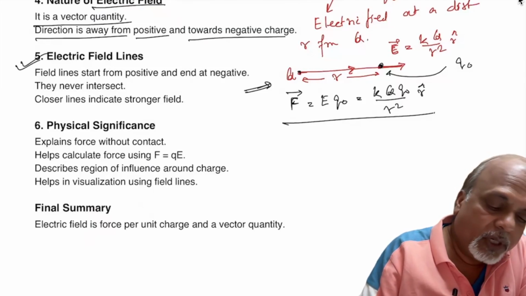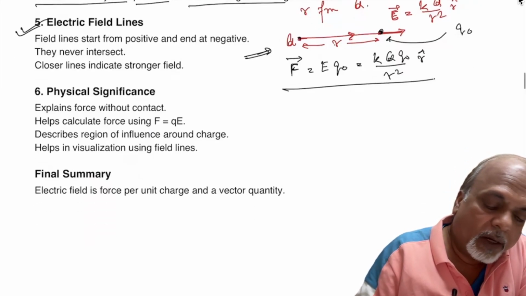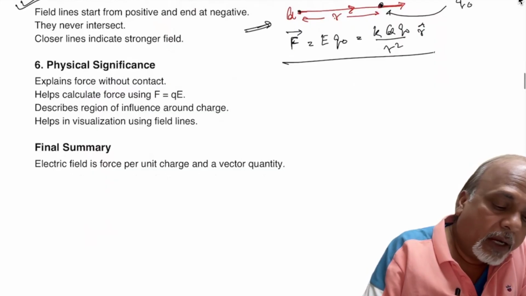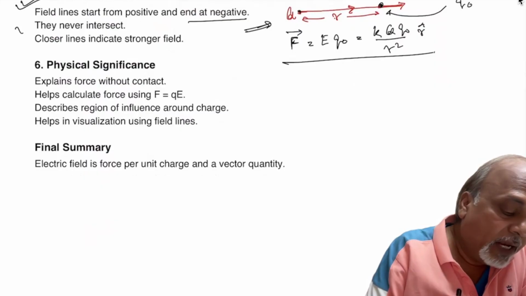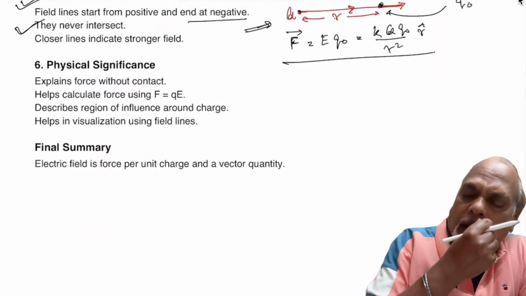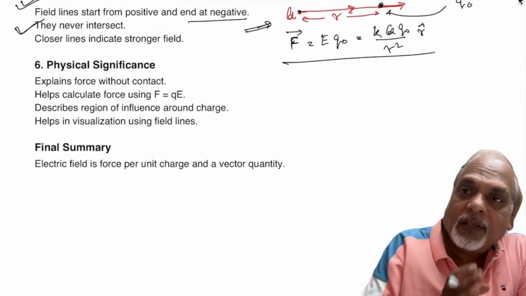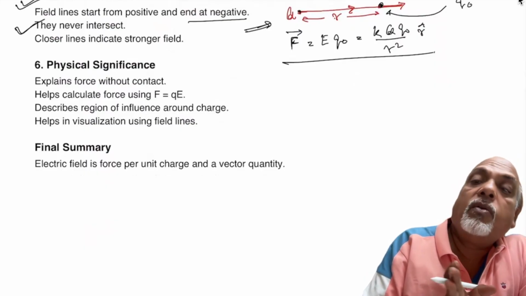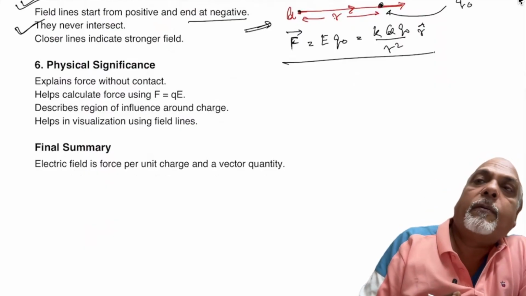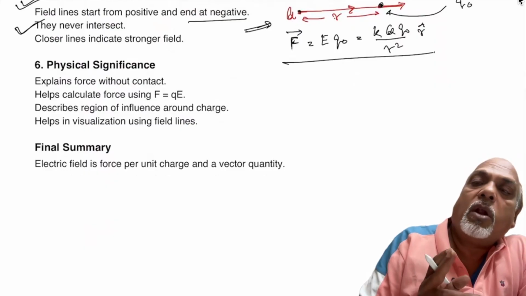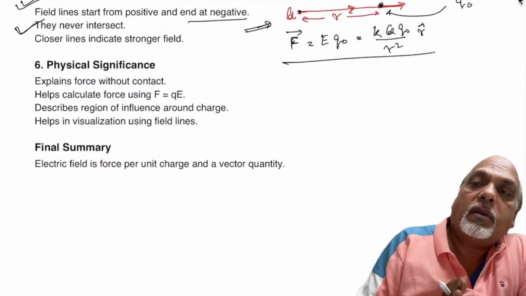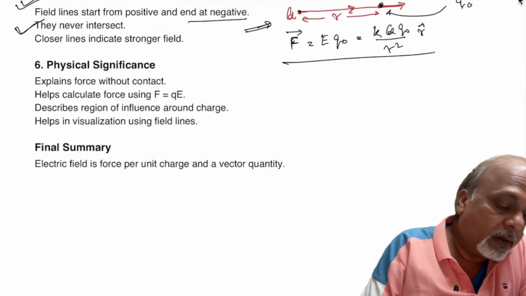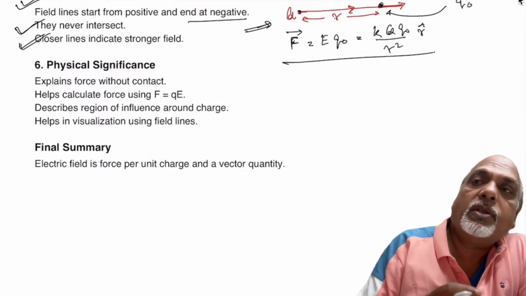Electric field lines start from the positive and end at the negative, which we will see when we draw the electric field lines. They never intersect. Of course, the tangent to the electric field line gives the direction of the electric field, so there cannot be two directions. Closer lines indicate a stronger field. If the lines are closer, it means a stronger field.